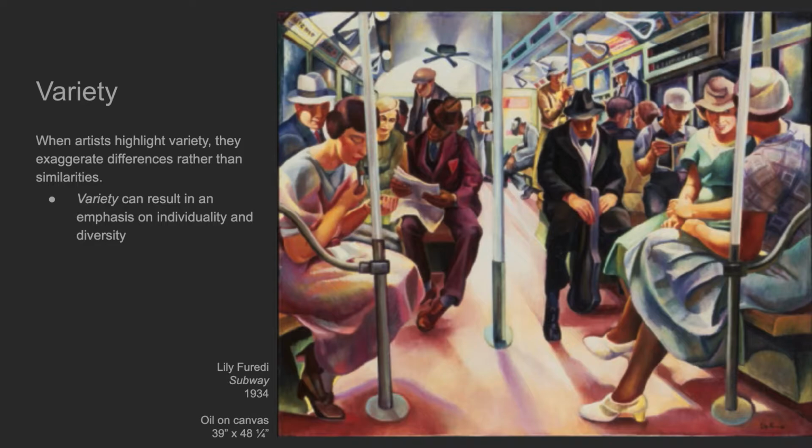So here we have a subway car. I would say it emphasizes variety to an extent. We have a musician. We have a blue collar guy, like the guy that works with his hands. We've got a banker type.